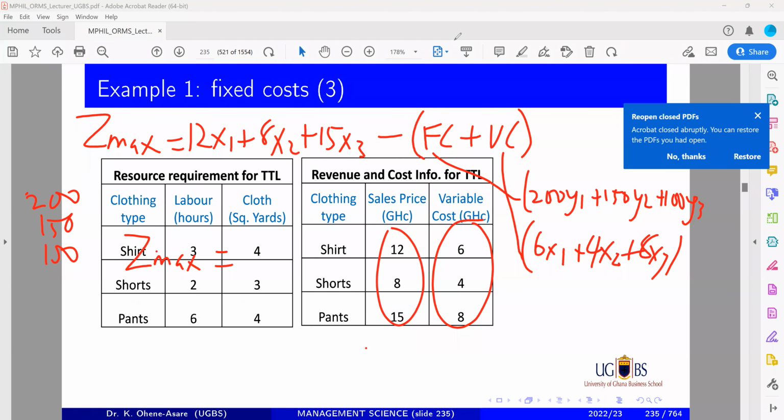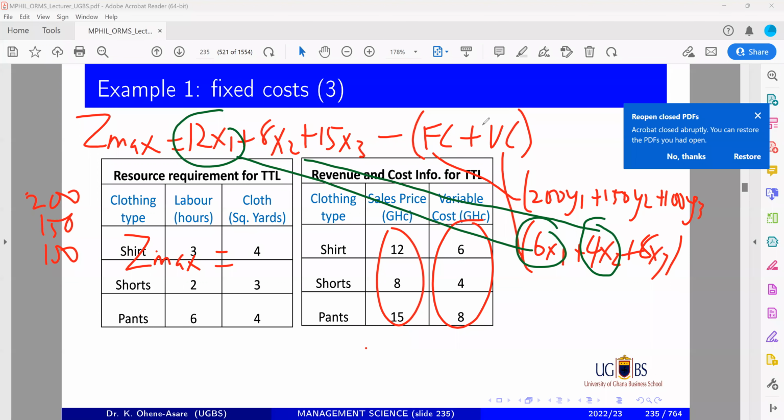So at this stage, we are going to put them into this bracket and expand them, applying the negatives to all of them. When you do that, you will see that there are some like terms. For example, this 12x1 will have minus 6x1 here, and the 8x2 will have minus the 4x2 here.